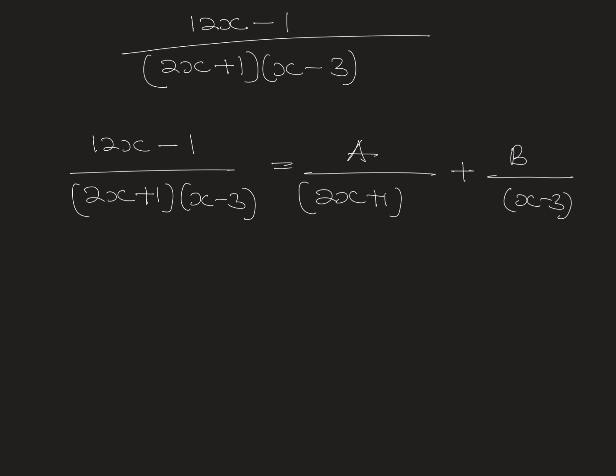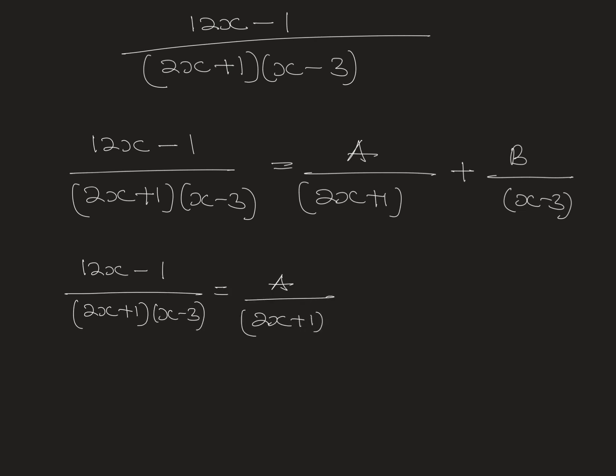I will multiply this whole expression by 2x plus 1 into x minus 3. So 12x minus 1 all over 2x plus 1 into x minus 3 equals a all over 2x plus 1 plus b all over x minus 3. So we'll multiply everything by 2x plus 1 into x minus 3.